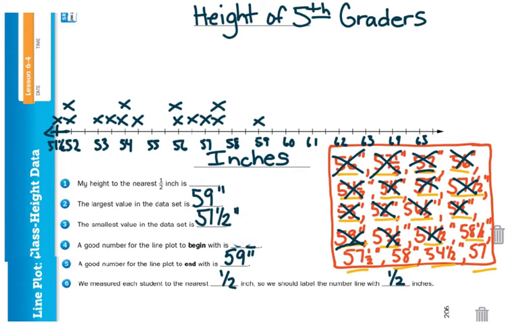And I need to change this as well. 58 and a half, 57 and a half, 58, 54 and a half, and 57.